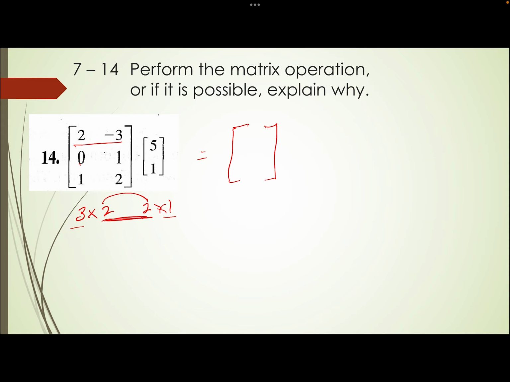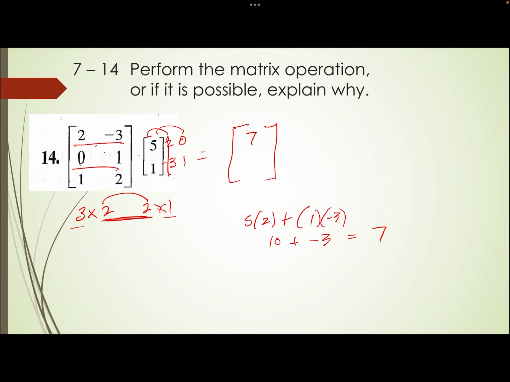So I take the 2 and the negative 3 and put it here. Distribute it through. 5 times 2 plus 1 times negative 3 gives me 10 plus negative 3 gives me 7. And that's the first row, the first column, so it's 7.